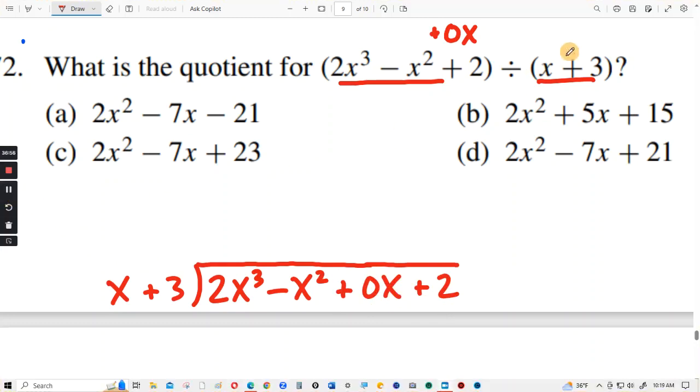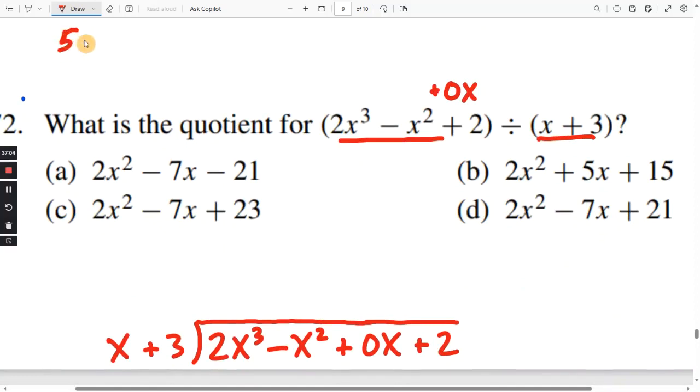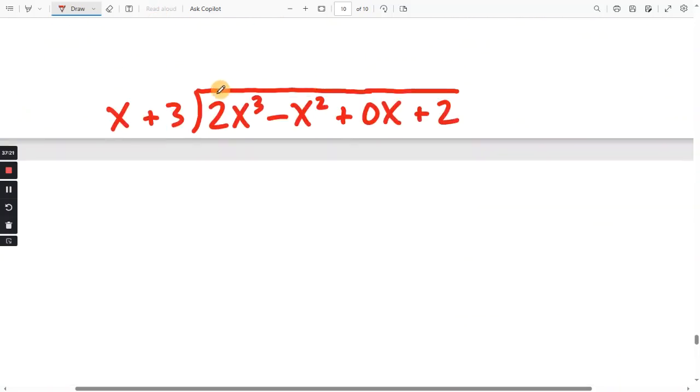Now, if you're not sure which part of this goes on the outside, just think of grammar school math. Let's say you did 5 divided by 2, you would write it like this. How many times does 2 go into 5? So same thing here, in case you ever forget. Just remember from grammar school. Anyhow, we could actually use synthetic division.